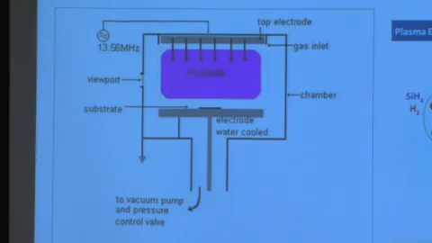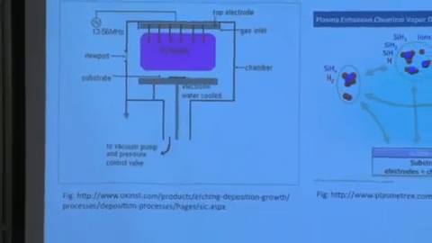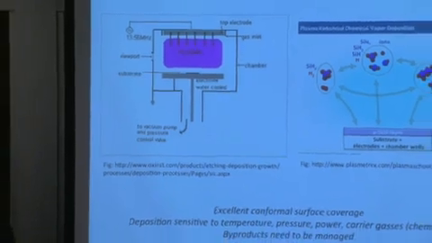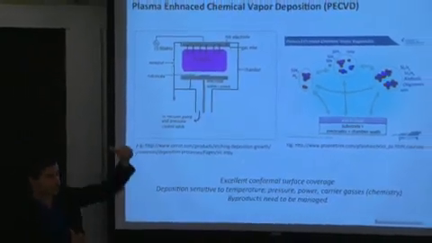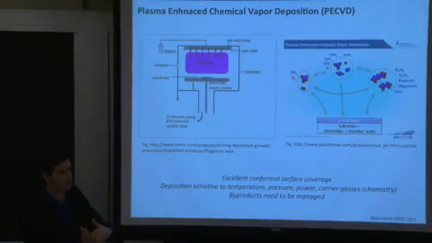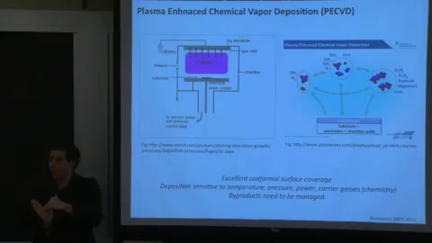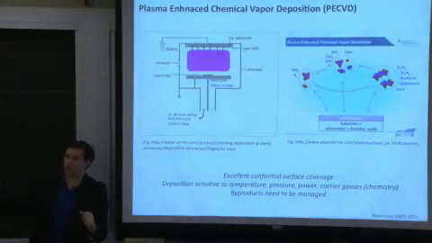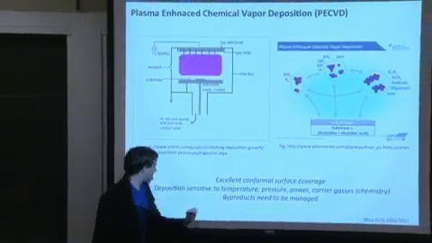So this is a PCVD, excellent conformal surface coverage again, because you're biasing your substrate. You're able to conform. The electric field is usually always perpendicular to the surface. And so the angle of entry of those atoms or molecules, the ionized species, entering the surface is going to be normal to that surface. And you can get good coverage around rough textured surfaces.